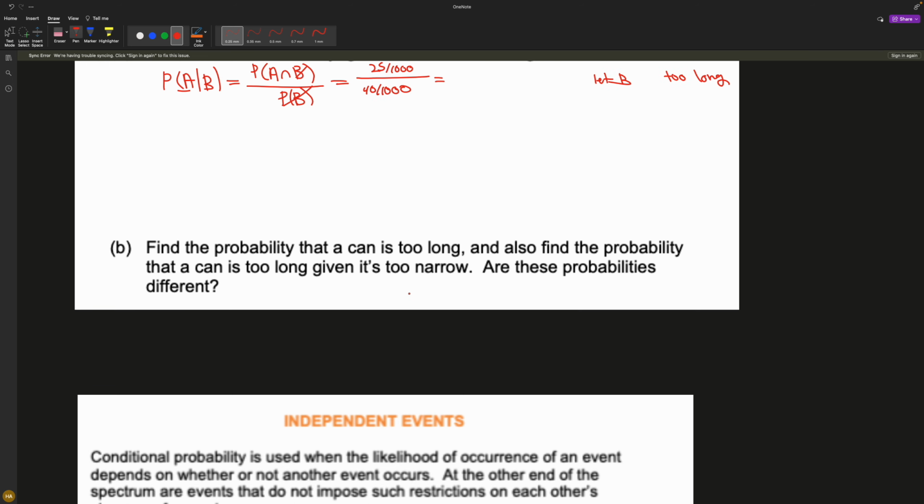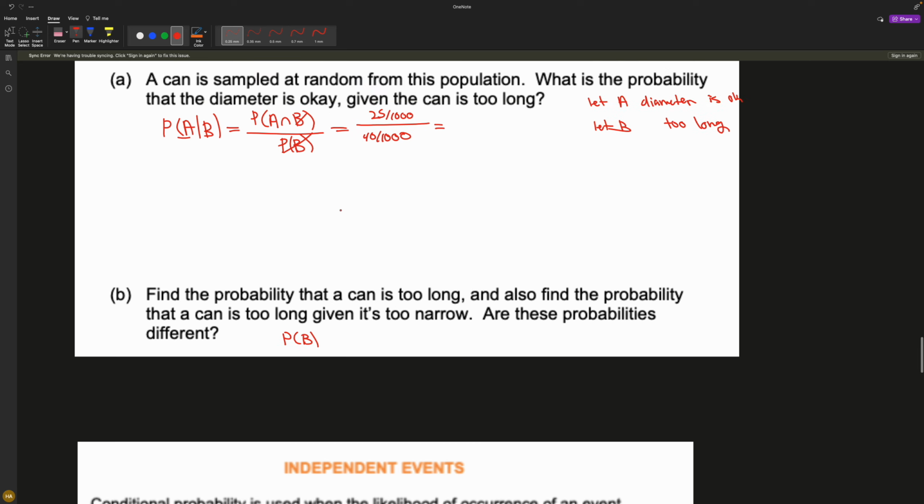Find the probability a can is too long, and also find the probability that a can is too long given it's too narrow. So the probability of a can being too long is just P of too long is B. So that would just be the probability of B, which is just 40 divided by 1,000, right? Then they're saying also find the probability that a can is too long given it's too narrow. So you'll do the same thing we did here.